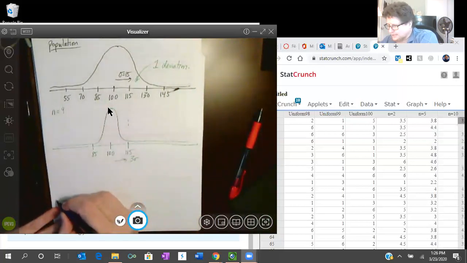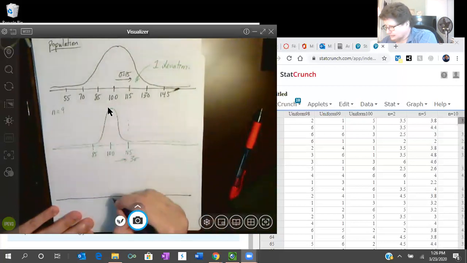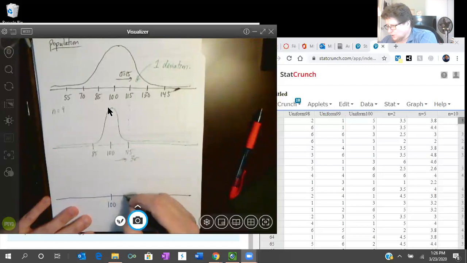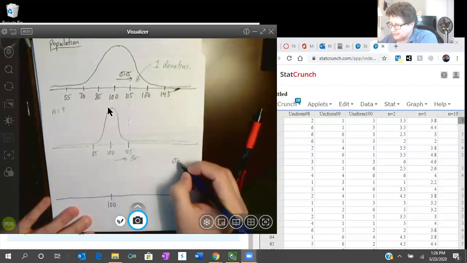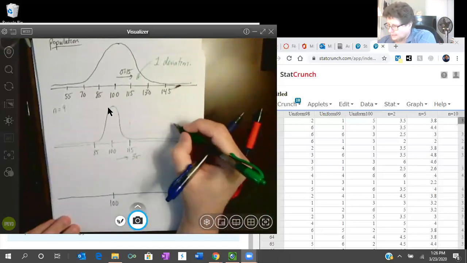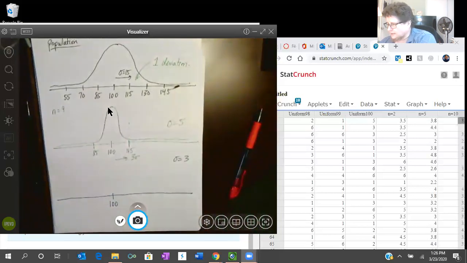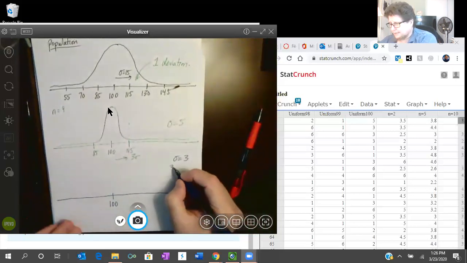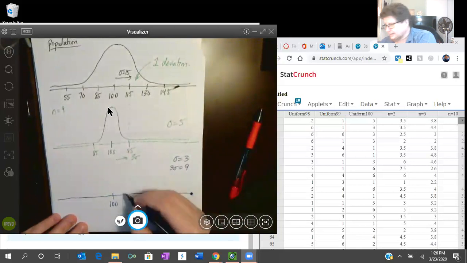My final one, 100 needs to be in the middle. Now standard deviation is 3. So 3 times that is 9.